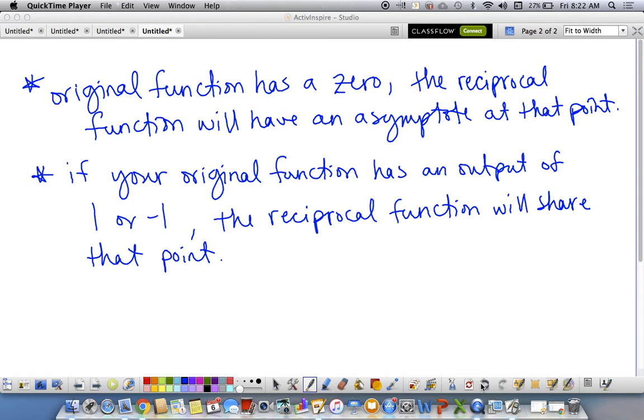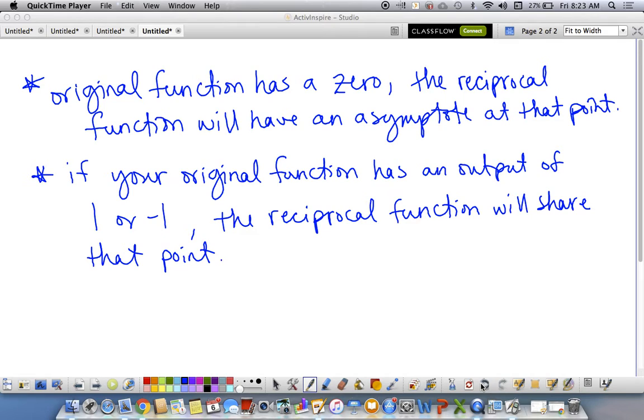So where there's a 0, which I probably should also tell you because it's going to happen when we get to tangent. If there's an asymptote in your original function, I mean it was a 1 over 0, your reciprocal function will have a 0. I'm going to go ahead and write that up there.